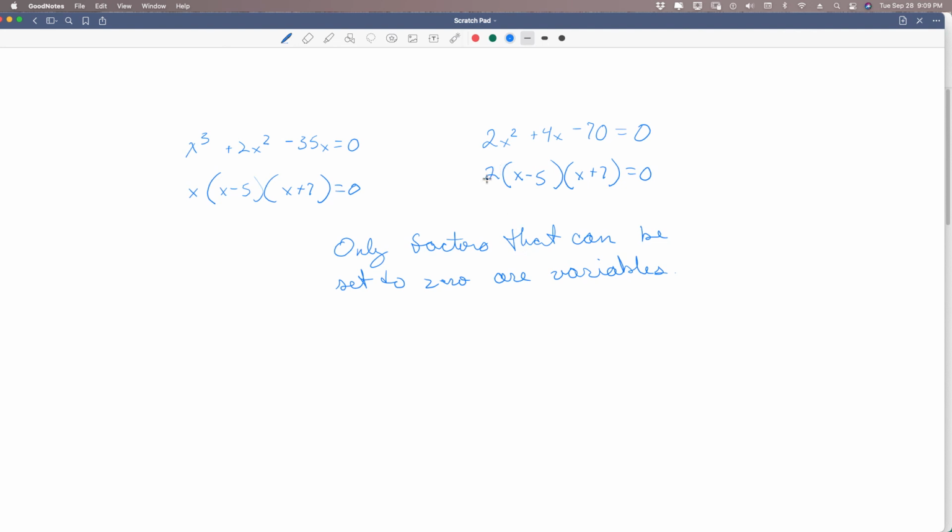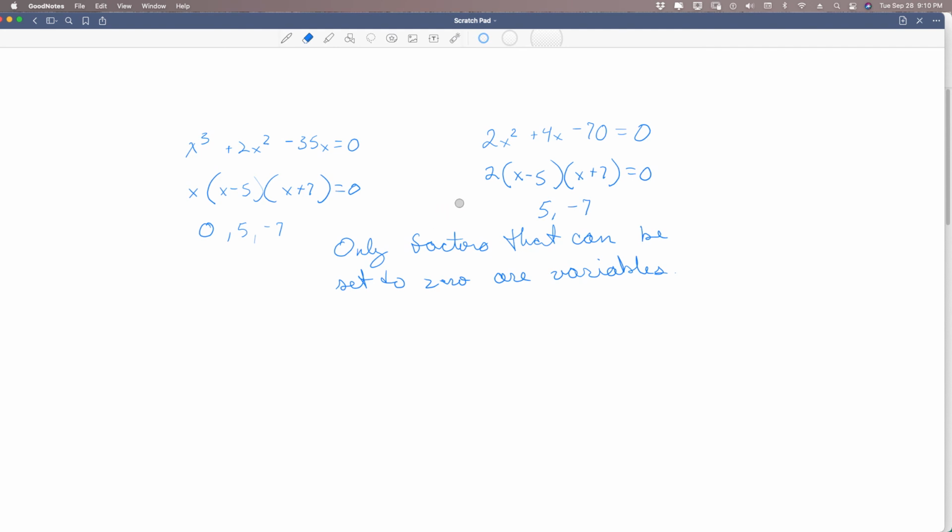This you cannot set to 0. So the only solutions for this would be x equals 5 and negative 7. This one is a variable, so you can include it as 0, 5, and negative 7. But you can't change the value of 2 to 0 just because you want to set something equal to 0. That doesn't work. And when you do that, you get 2 is equal to 0. Well, it's not equal to 0. So there's no point in even trying that one.